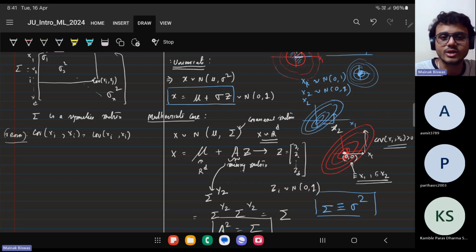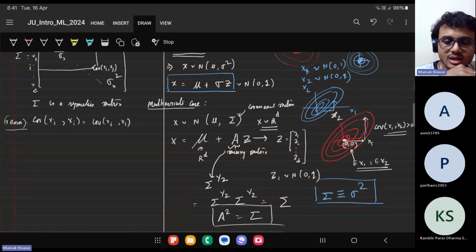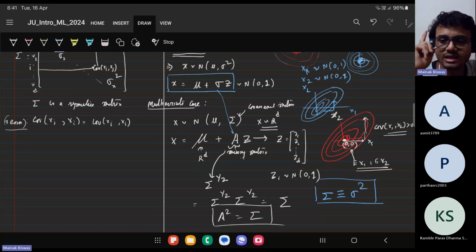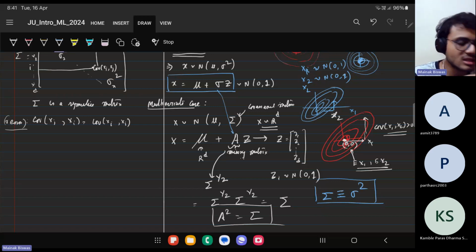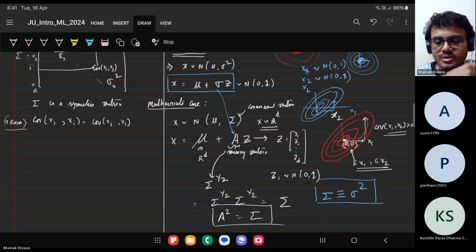You can just write each equation and write the Jacobian, and we'll do transformation of random variables. But are you getting the idea? So A is the analog, in the multivariate case, of sigma, a single standard deviation. So A is sort of the standard deviation matrix. Is it okay? And it mixes all the Z's.